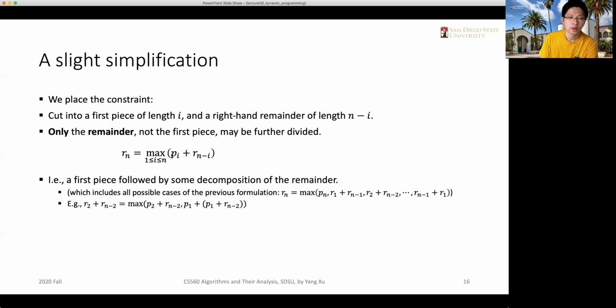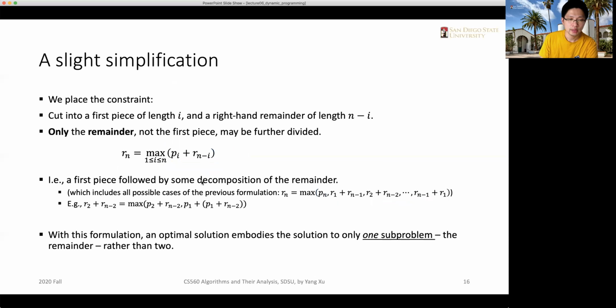So let's see how we can implement this algorithm. With the current formulation, Rn expressed by this formula, the optimal solution actually embodies the solution to only one subproblem, the one remainder, rather than two remainders, and it will be easier.